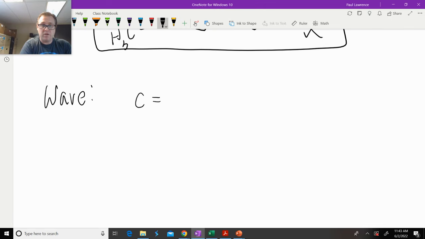If light behaves as a wave, we can describe light with this formula: c equals nu times lambda. Recall that c stands for the speed of light. Lambda is the wavelength.